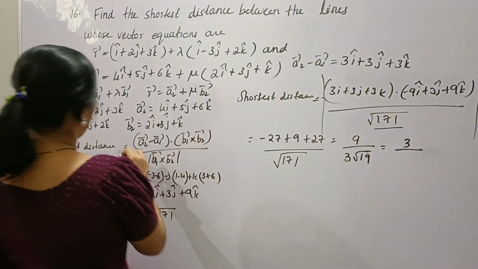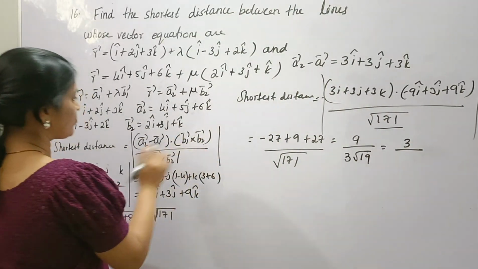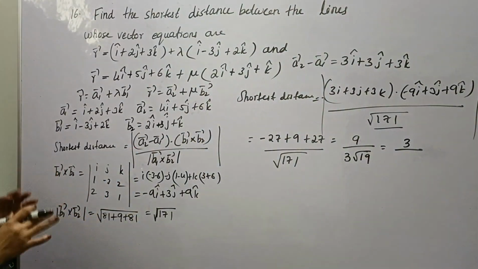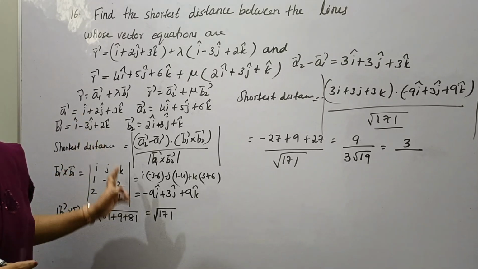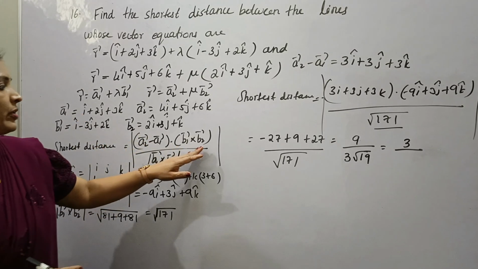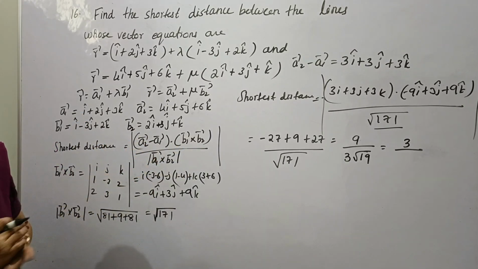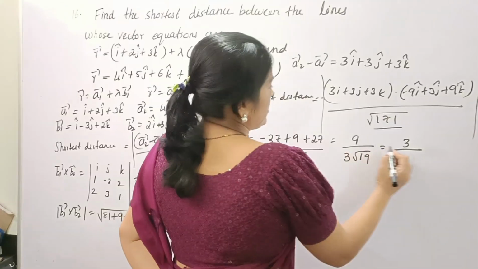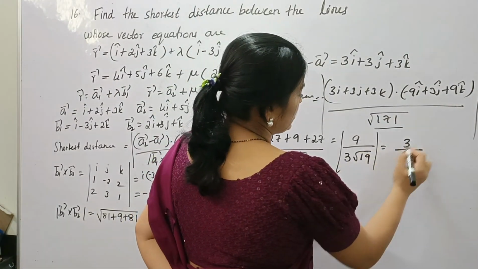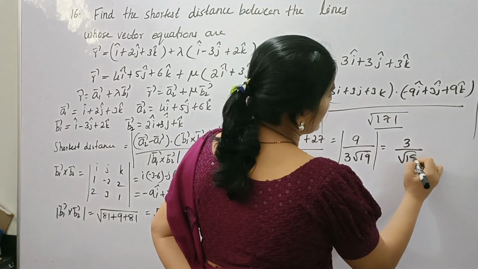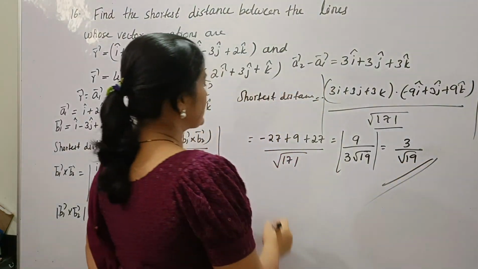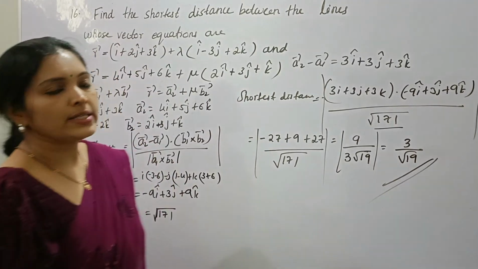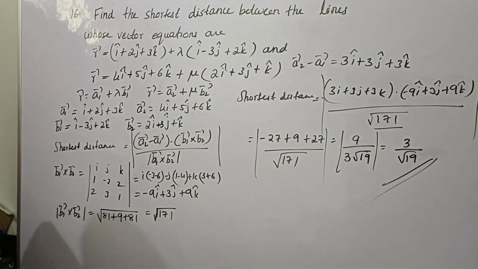Modulus. Okay. So you should write modulus of this. Formula is shortest distance is equal to modulus of vector a2 minus vector a1 dot vector b1 cross vector b2 divided by modulus of vector b1 cross vector b2. Okay. So 3 divided by root of 19. So it is the shortest distance between these two lines.